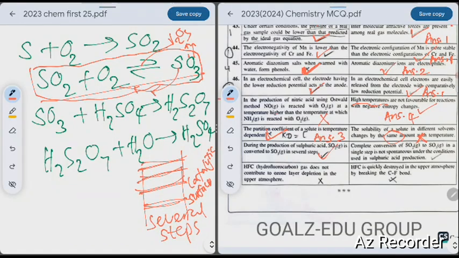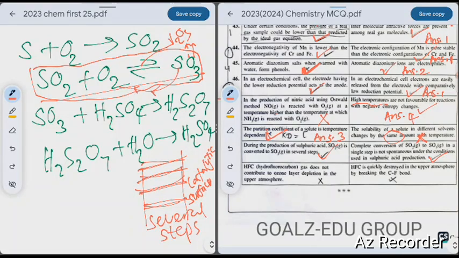Then, complete conversion of SO2 to SO3 in a single step is not spontaneous under the conditions used in sulfuric acid production. Yes, that is correct. Why is it not spontaneous? Because the reverse reaction can tend to occur.